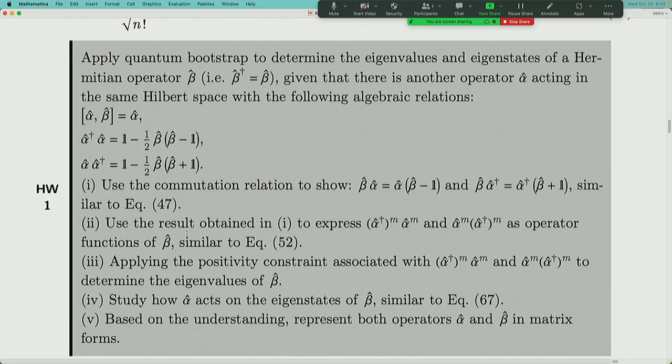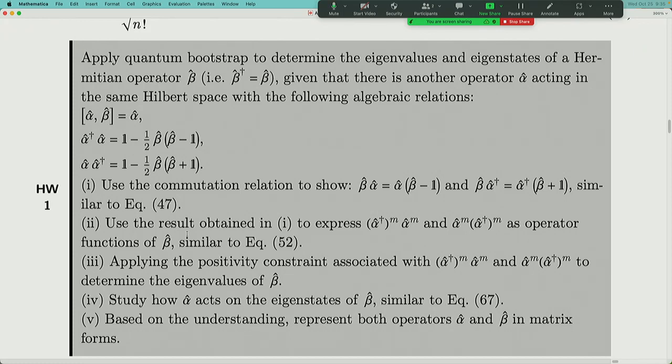For example, for the harmonic oscillator, alpha dagger alpha should be defined as the number operator, so it should equal beta, right? Here you see it's not equal to beta, it's equal to 1 minus 1/2 beta times beta minus 1, such a strange expression. But this is just a little bit more complicated than the harmonic oscillator, and the relations are, in some sense, very similar.